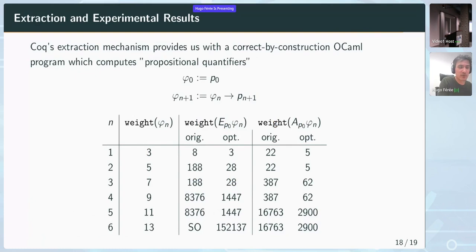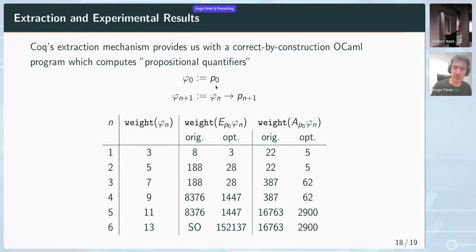So now that we have the Coq proof, we can actually use the Coq extraction mechanism. And this way we can obtain an OCaml program which computes, well, correct by construction, those two formulas, the forall P phi and exist P phi. And you can experiment with it, and quickly you realize that this construction has a kind of worst case when you have a lot of intricated arrows.